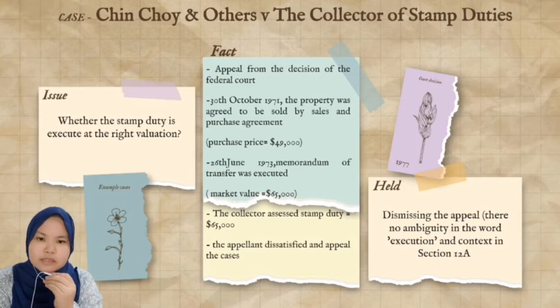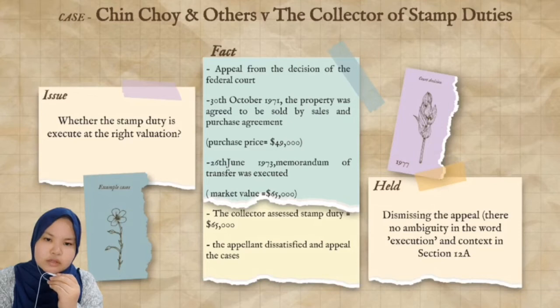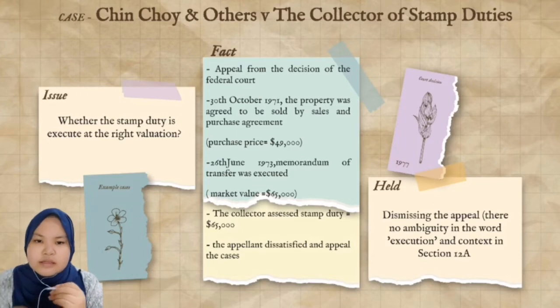The purchase price is 49,000, and on 26 June 1973, the memorandum of transfer was executed and the market value was 65,000. The collector assessed the stamp duty on the market value of 65,000, and the appellant, dissatisfied, appealed.